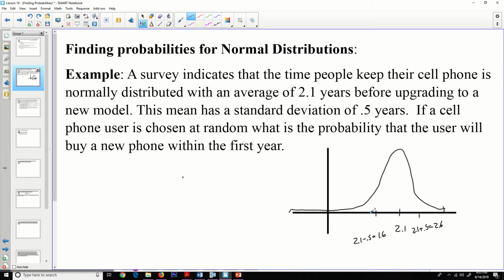So essentially what this question is asking is, if I came over here to exactly 1, where this is actually 1 on the x-axis, and this is our probabilities of x, we are going to figure out what is this area under the curve. All right, and we can do that using that normal CDF function.